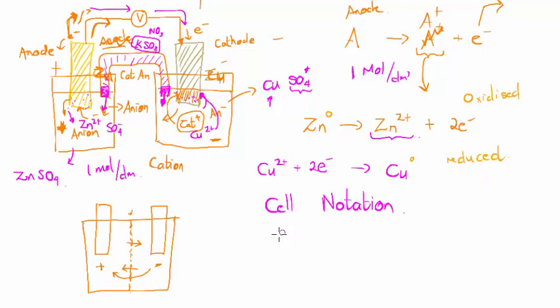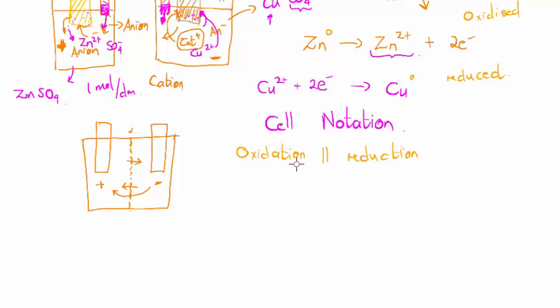Now the cell notation takes the oxidation reaction, the salt bridge, and then the reduction half reaction, written in the following format. You start, in your oxidation, with what you started with. We started with zinc. Each time there's a phase change, going from a liquid to a solid, or going from a solid to an ion, we use a vertical line like that.